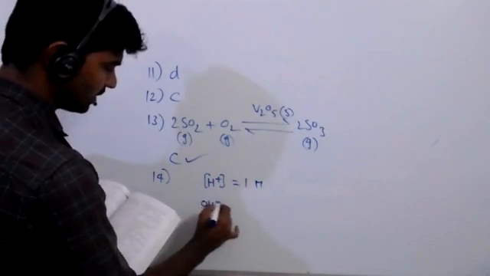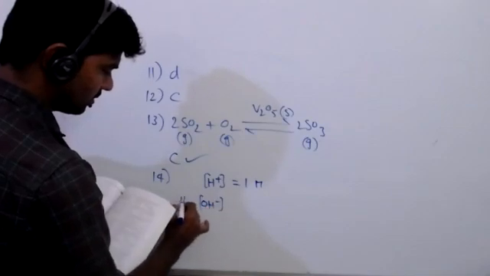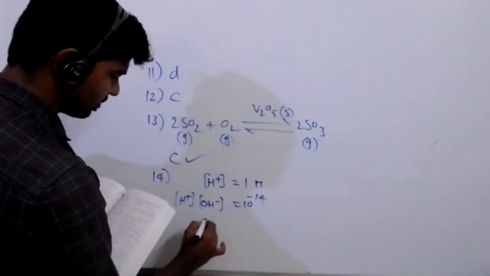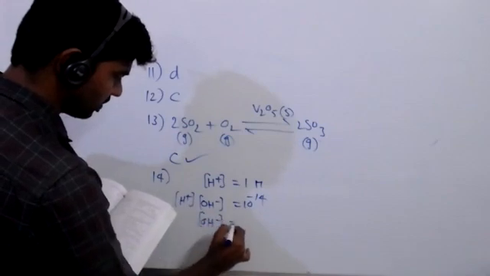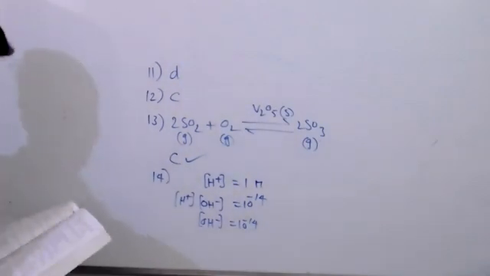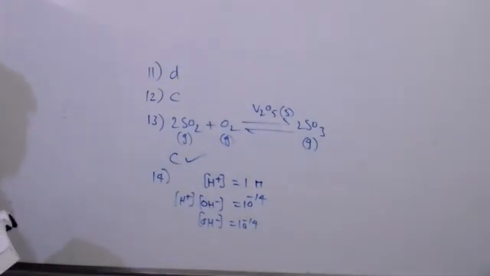Then the OH minus concentration becomes 10 power minus 14 only. So it is the least value. D is the correct answer. Yes, sir. I didn't read hydroxyl.